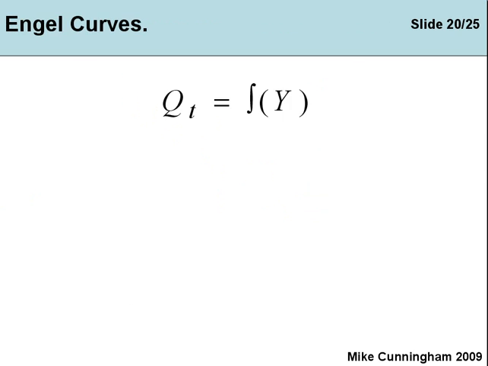I mentioned earlier this idea of an Engel curve, named after a famous economist. Not the same Engel who was friends with Karl Marx, for those of you who read politics. But again, let's take the ceteris paribus relationship, that the quantity demanded per unit of time depends on the level of income.